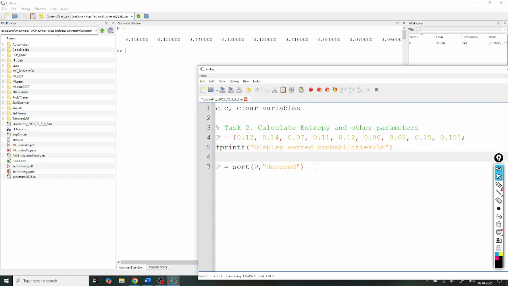Another good thing to do would be to check if they all add up together to 1.0, because if there is some mistake, it can happen. Sometimes it happens. So also fprintf, check if all probabilities add up to 1.0. So that will be the summation of p.